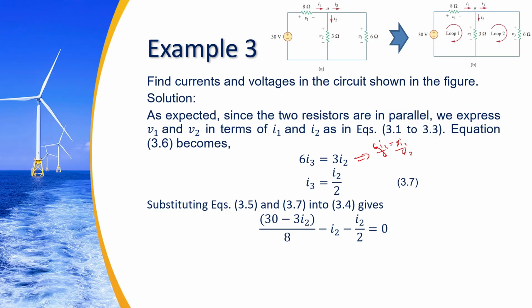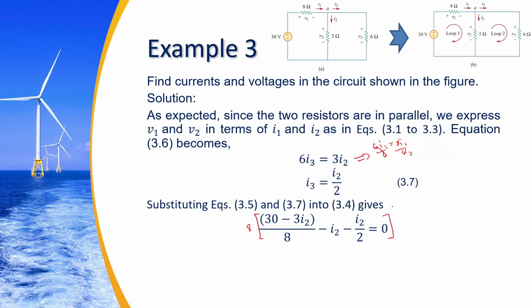So, dito, meron tayong pare-parehas na variable, which is itong I2 natin. So, pwede natin silang pagsama-samahin. So, pag pinagsama-sama natin yan, gamit lang tayo ng LCD. So, anong LCD nila? LCD is 8.